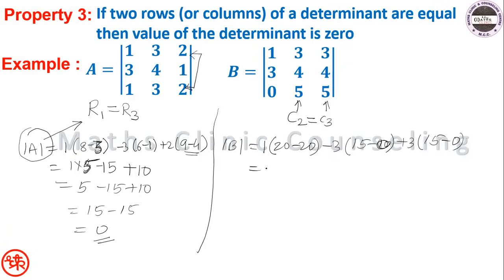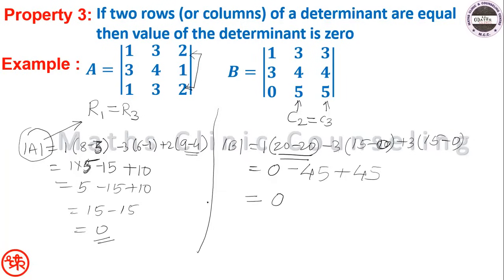So it is equal to 20 minus 20, 0, so 0 into 1, 0, minus 3 into 15 minus 0, that is 15, minus 45, and here is plus 45, and so it is equal to minus 45 plus 45 is 0.